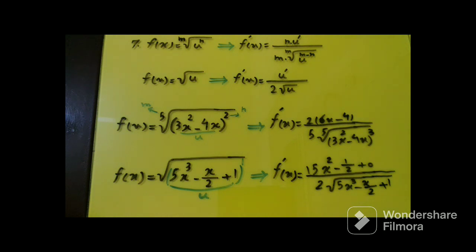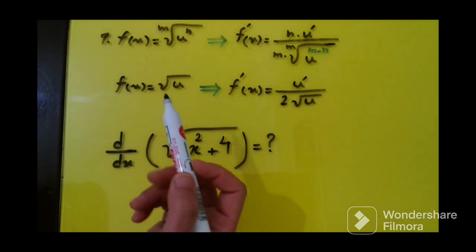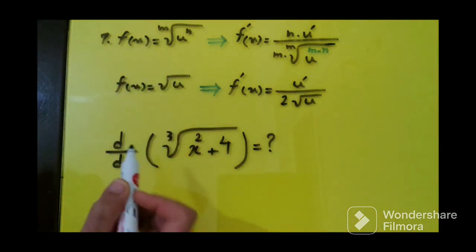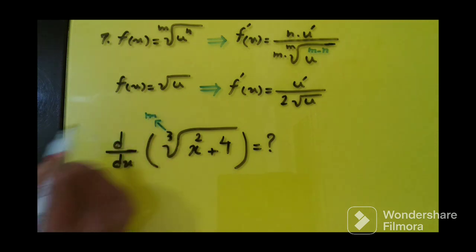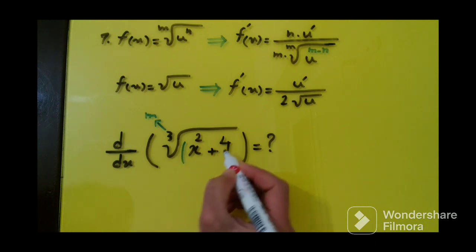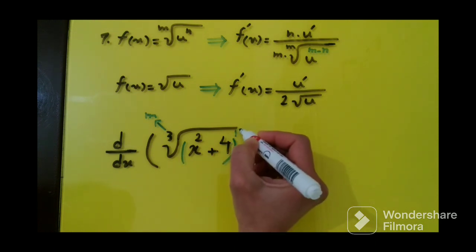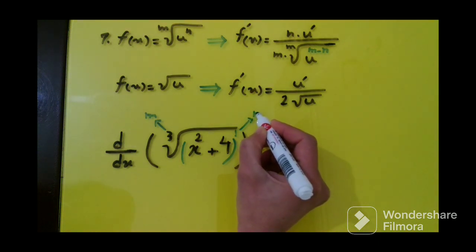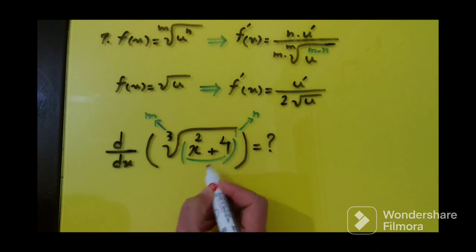Next example. Okay guys, in this example, 3 is m and n is 1. This term is u.